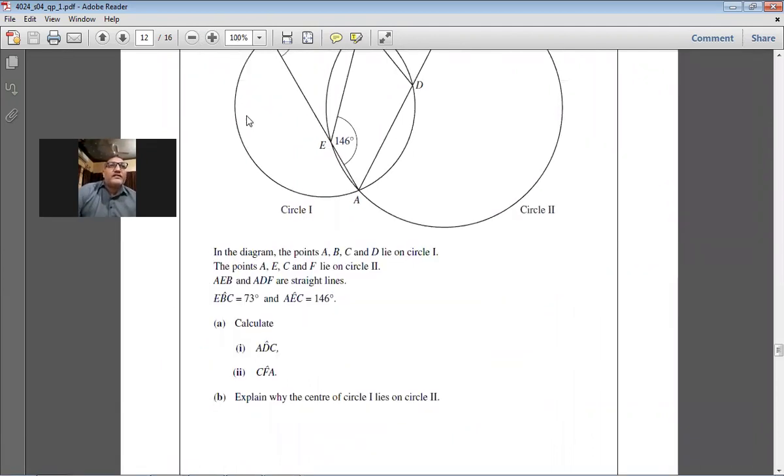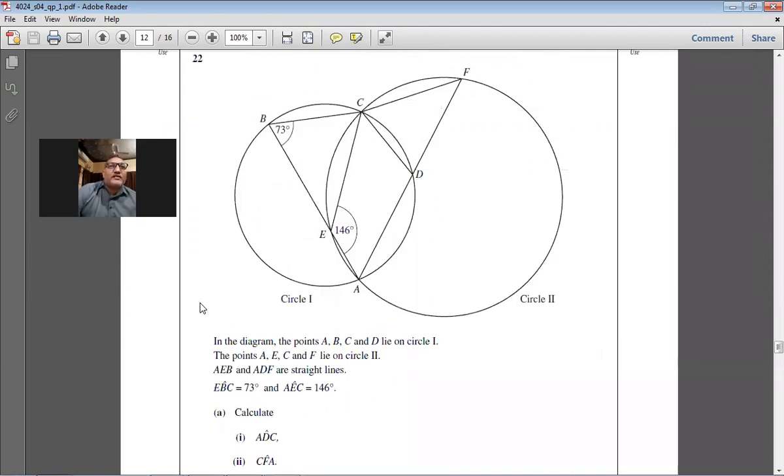The points A, E, C, and F lie on circle number 2. AEB and ADF are straight lines. They are straight lines.